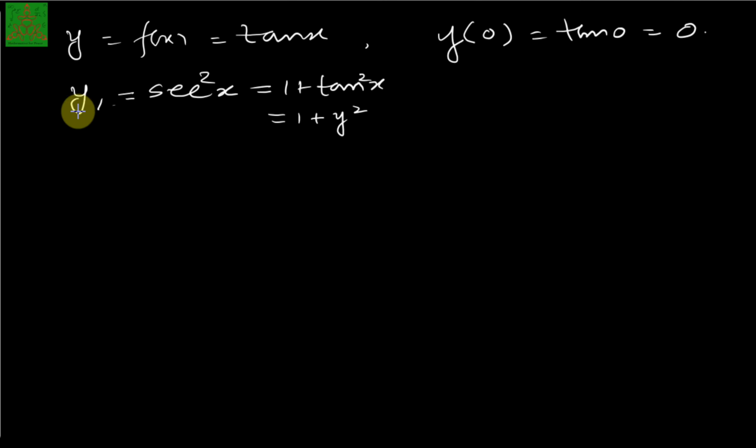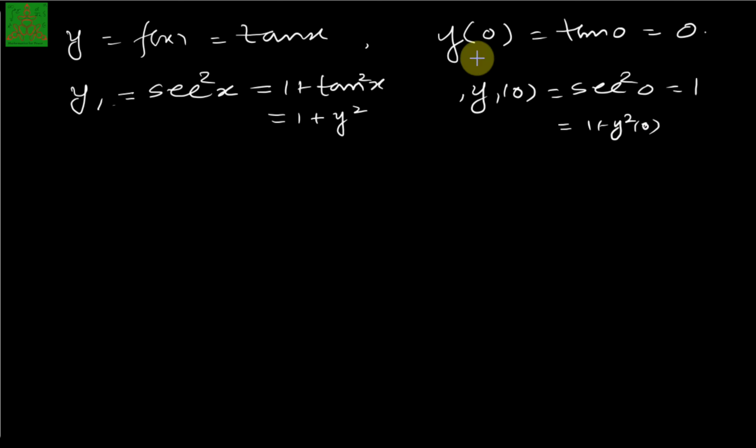To make it simple, I am just converting the function into y. And y1 at 0 gives me sec square 0, which gives me 1. In fact, I can also use 1 plus y square at 0. y at 0 is 0, so that's why it gives me 1.